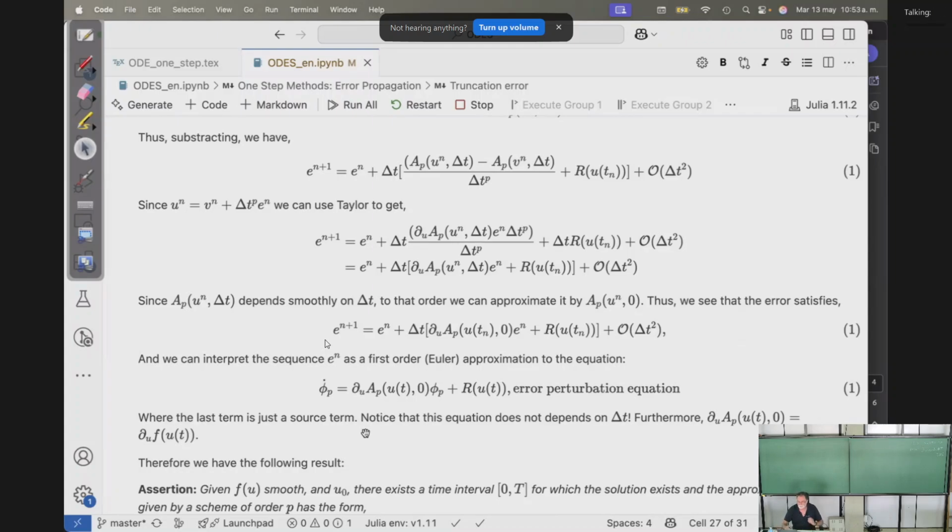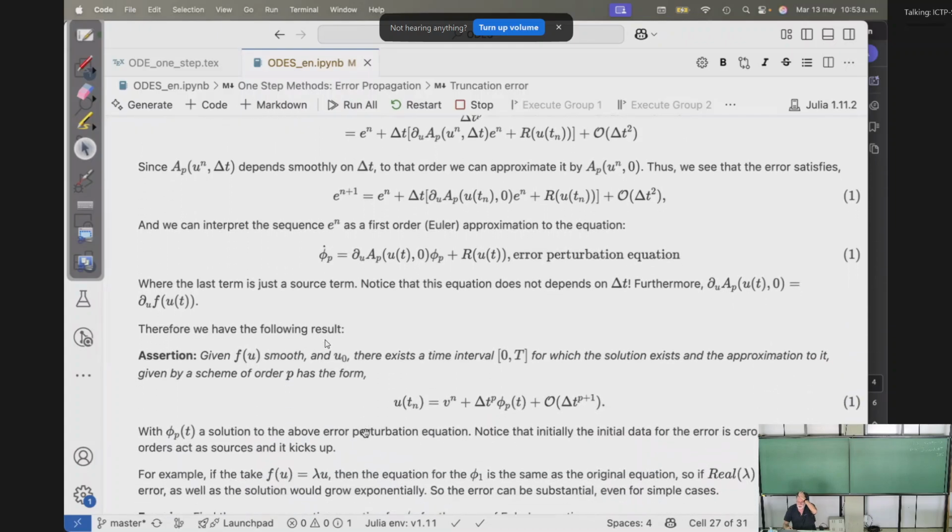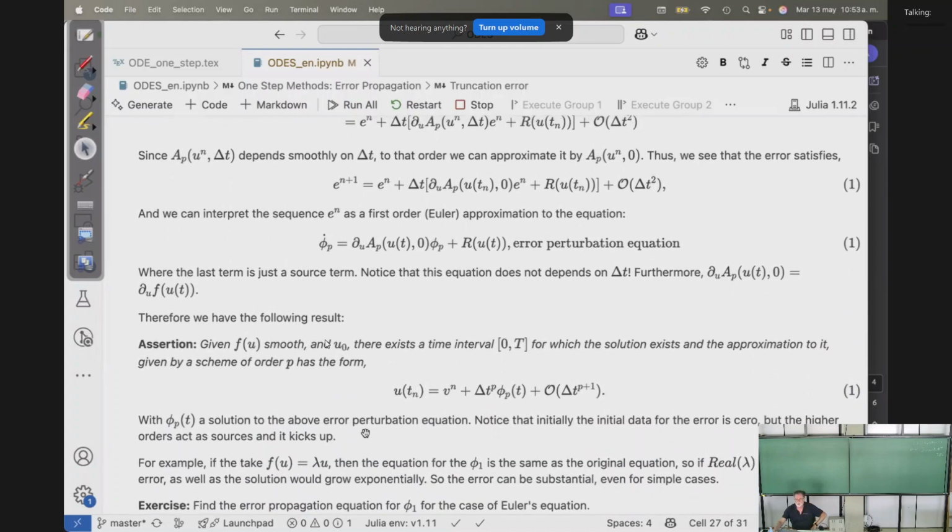Okay. So we have the following assertion. If f of u is smooth, and given you note there exists a time interval for which the solution exists, and the approximation to it given by a scheme of order p has the form: u of t, which is the exact solution, is the approximation plus delta t to the p times some function phi of t that satisfies this equation.